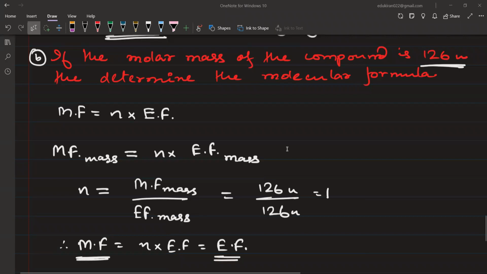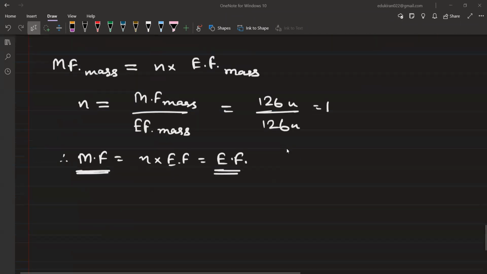Write this down. We will do one more question, then you will understand it better. In that case, I will be giving you the empirical formula and the molar mass of the compound, and you have to calculate the molecular formula. So we have done this actually.